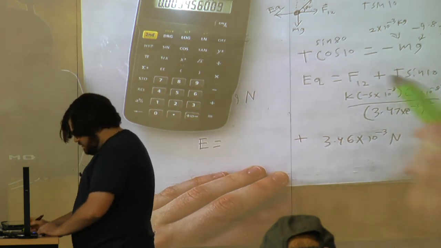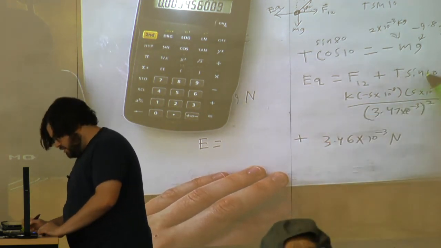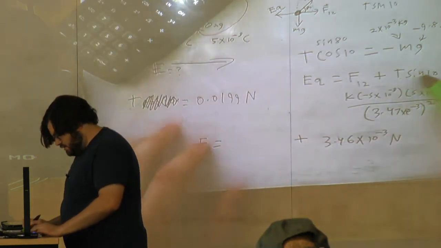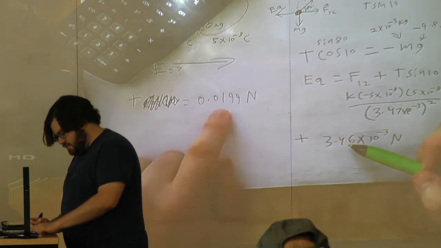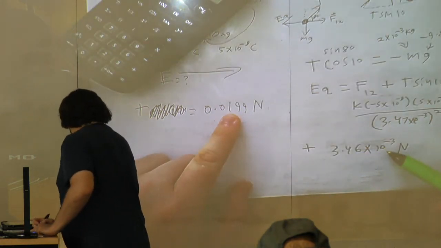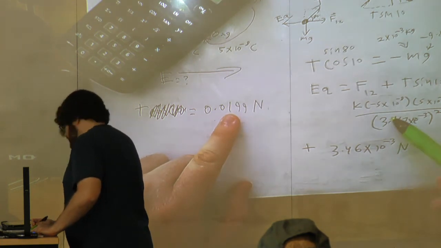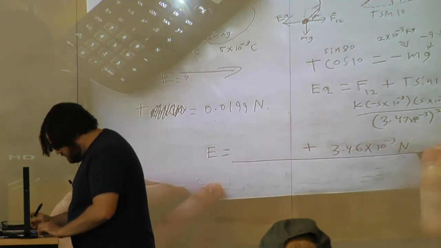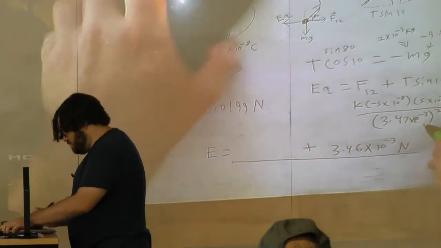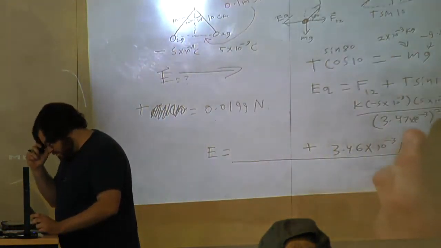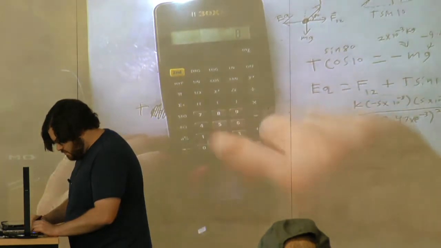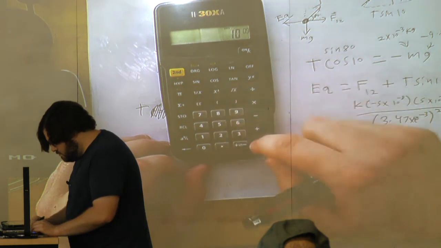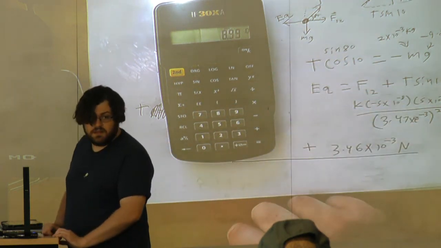All right, so to find E, I plug in F of 1 2 and T sine 10. So for T sine 10, I took this number and multiplied by sine 10. I got that. Okay. And now I just have to plug this into my calculator, and I will get F of 1 2. So who remembers what k is? To the 8th? Is it 10th or 9th or 8th?